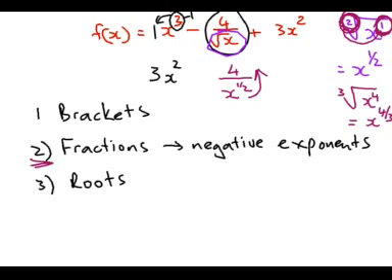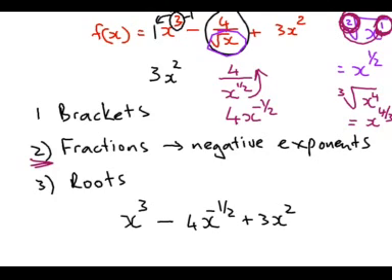So that will then become 4x to the power of minus a half. You happy with that? Yeah, I'm happy with that. Alright, so now this whole expression, let me rewrite this expression. It will be x to the power of 3 minus 4x to the power of minus a half plus 3x squared. Okay.